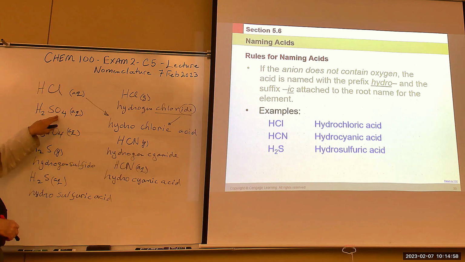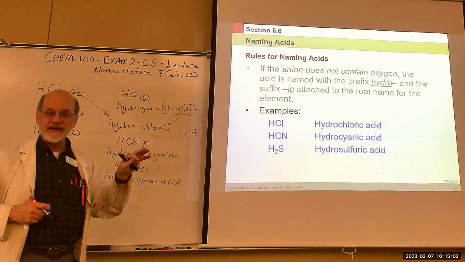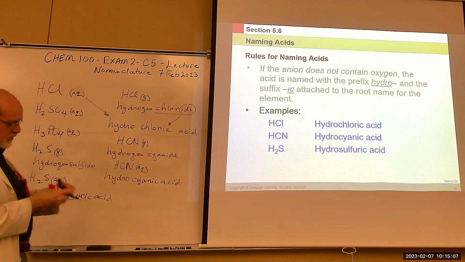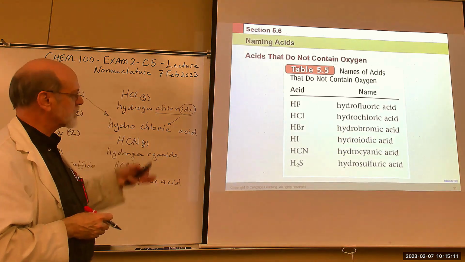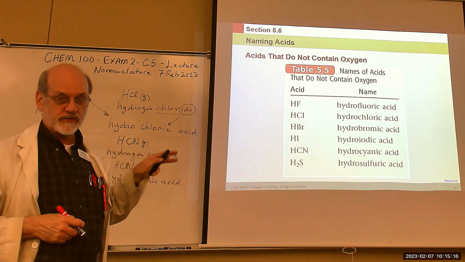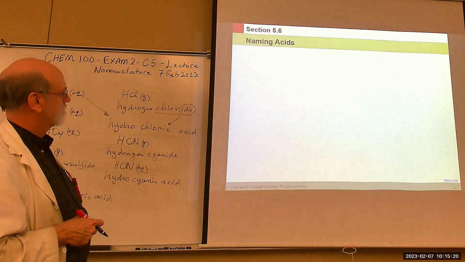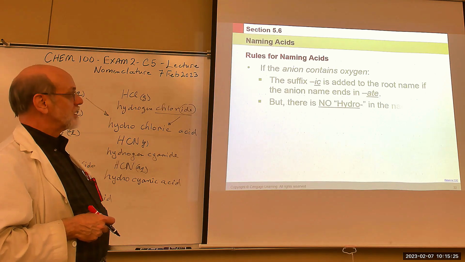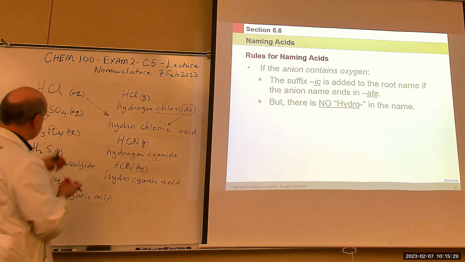Whereas this one would be dihydrogen sulfate, well, let's see, we haven't got that rule yet. Let's get the rule first. There are other examples of acids that have no oxygen in the molecule. Now, if they have oxygen, you don't start with hydro. You go to this part of the name.